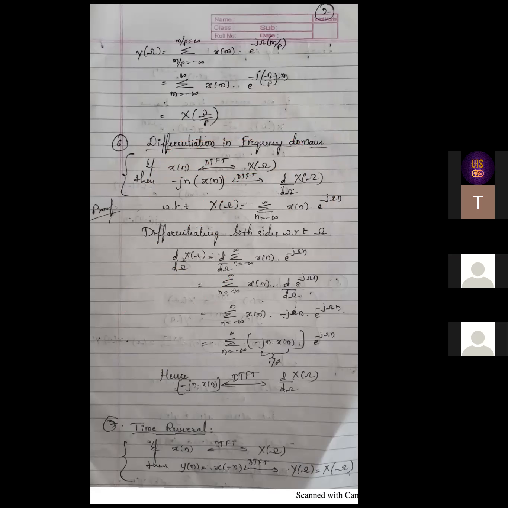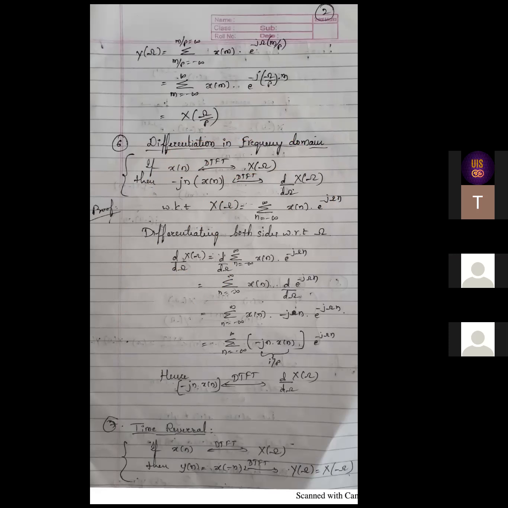Okay, again, let us start with the formula for Fourier transform. We know that x of omega is given by this. If you remember, even in Z transforms, when we started proving this property, we started with the RHS, d by dz. We differentiated.